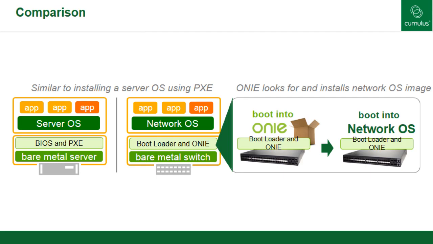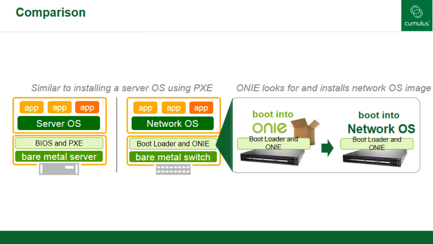Same thing with Cumulus Networks. You buy your bare metal switch that comes preloaded with ONI. You use that to install your network OS, preferably Cumulus Linux, and then you can use any number of applications in order to manage and configure your network.